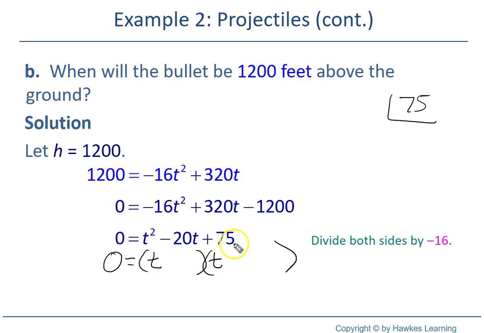Now, if we look at this, five times 15, and notice our n sign is positive, so both these middle signs here have to be negative in order to get a negative 20.